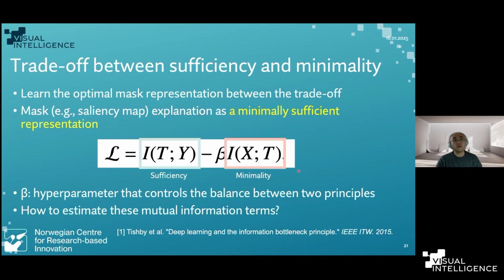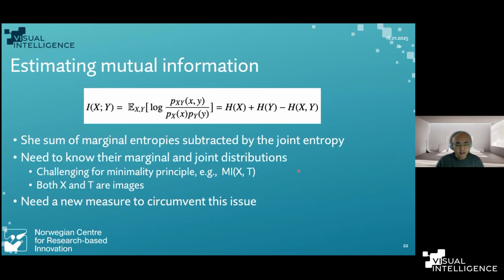Okay, then how do we estimate these mutual information terms? In general, estimating mutual information is very, very difficult to compute because it requires marginal and joint distributions of these two variables. And of course, we can also rewrite this mutual information term by adding two marginal entropies and subtracting their joint entropy.